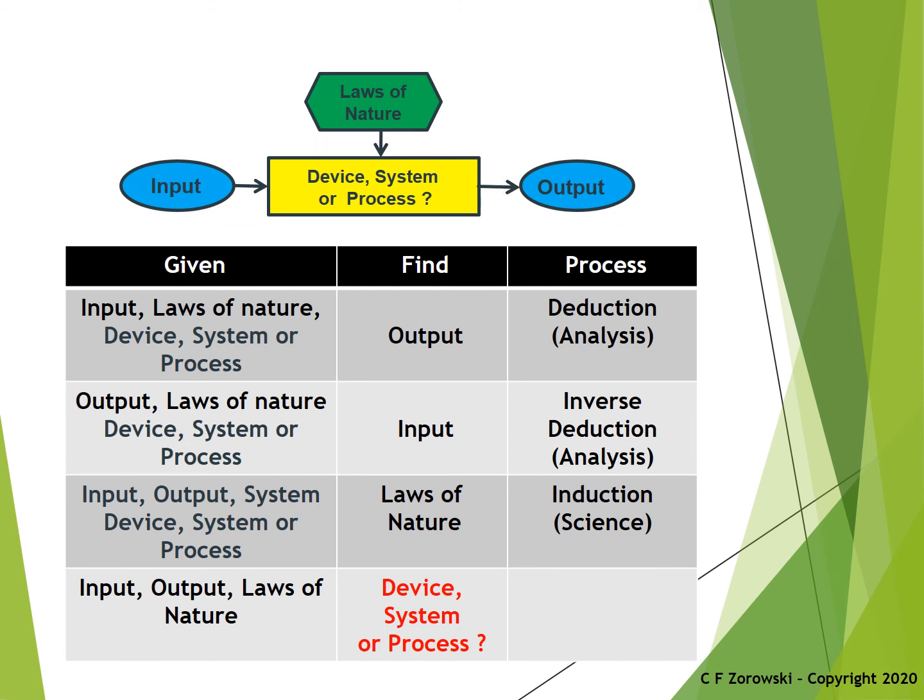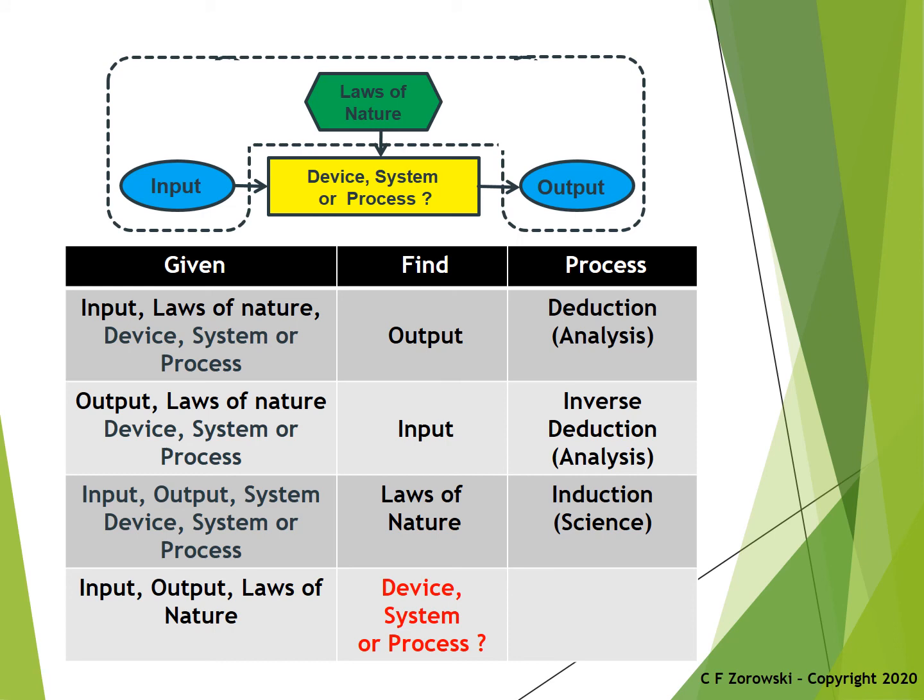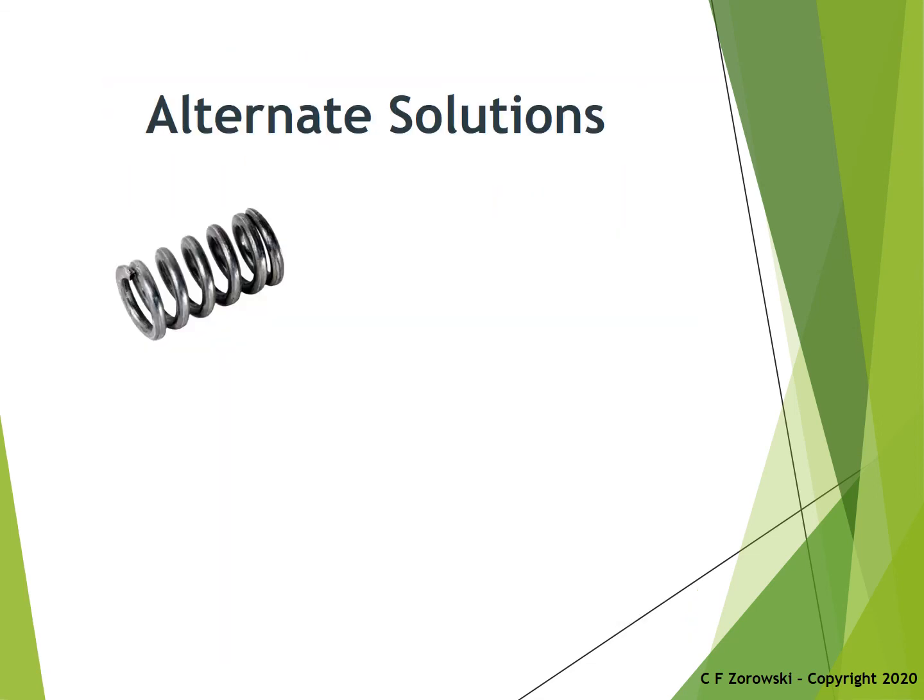The final combination is when a desired output is required for a specified input subject to the laws of nature. What is needed is a device, system, or process that will fulfill these requirements. The helical spring is one physical device that provides a specific force versus deflection relationship.